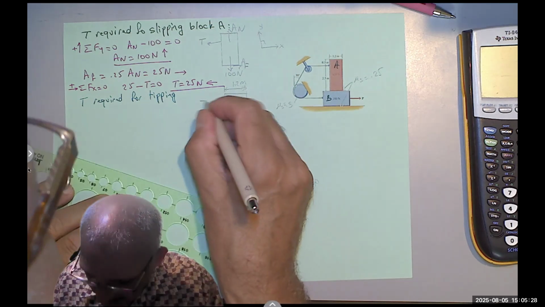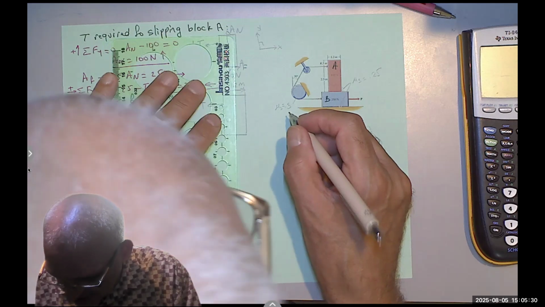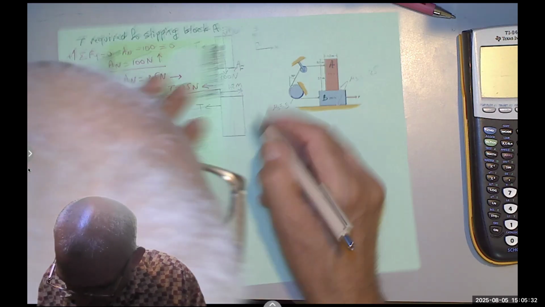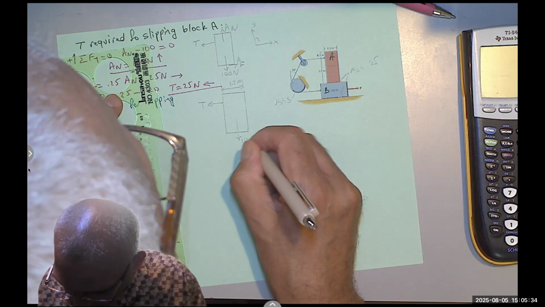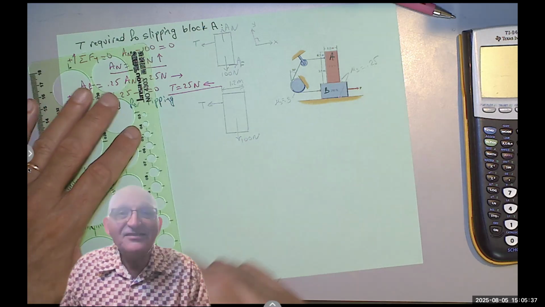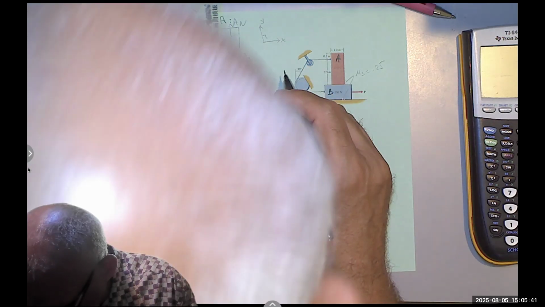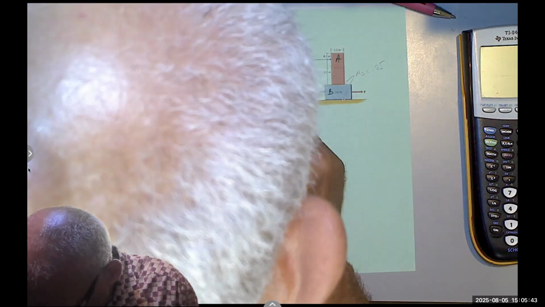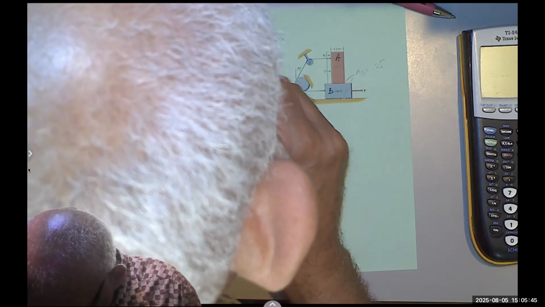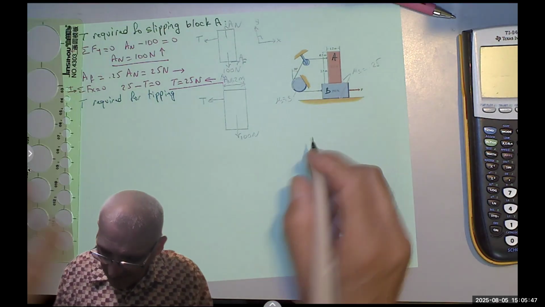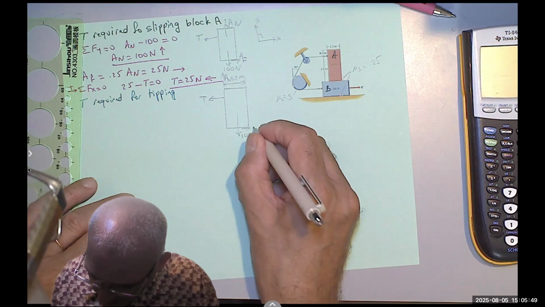So if that's a T, the weight doesn't change, it's still 100 Newton. But at the point of impending tipping, A sub n reaches the edge. And I have A sub f, of course.